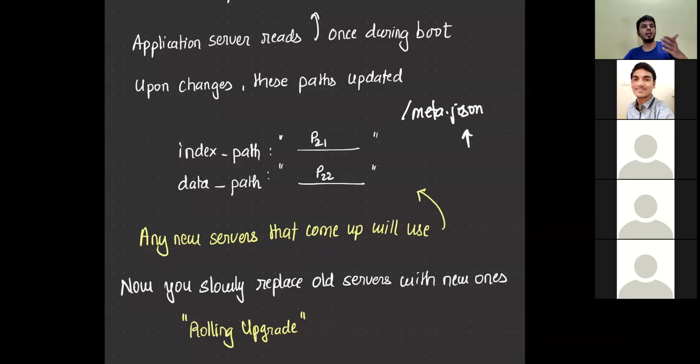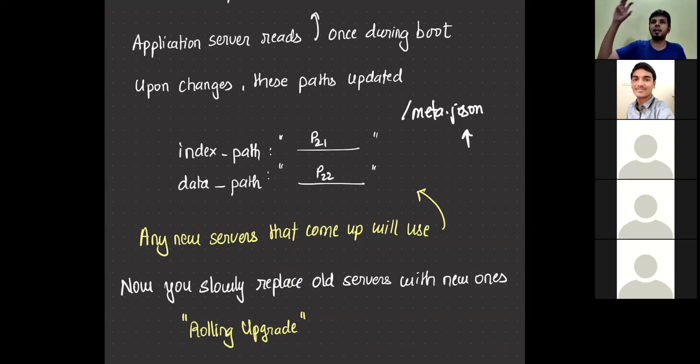Let's say we terminate the old servers, so the new servers that come up load meta.json and find the new paths. This is typically a rolling upgrade. You roll out changes and then slowly delete your old infrastructure, and the new infrastructure comes up with the newer change. This is typically how most deployments happen.